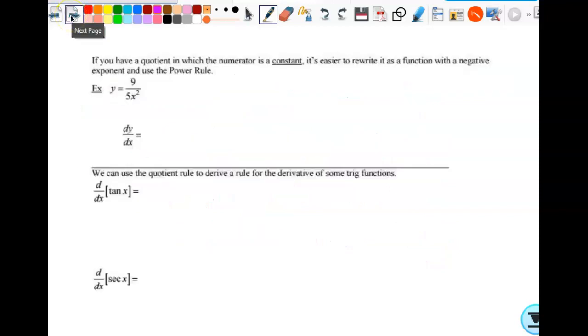So it says, if you have a quotient in which the numerator is a constant, instead of easier, we're going to say it is more efficient to rewrite it as something with a negative exponent. So I'm going to rewrite y as 9/5 times x to the negative 2.